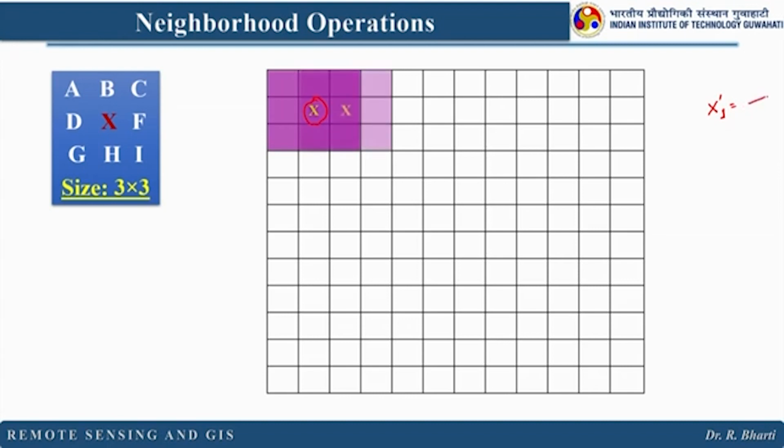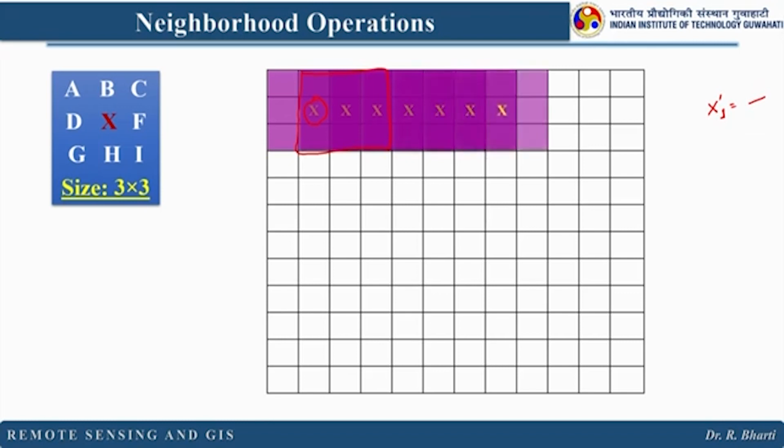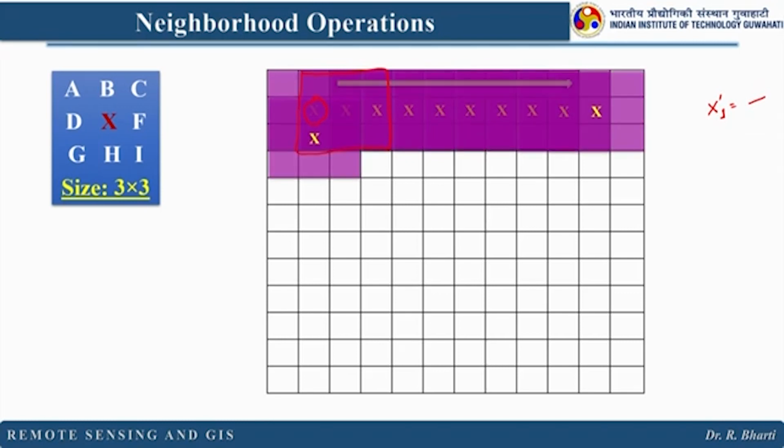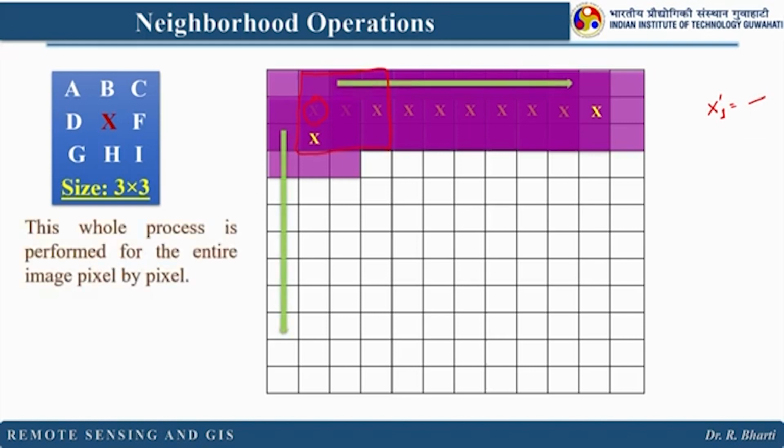Now you will move to the next pixel. Then again this is your new neighborhood, and again you will move further and calculate the new value. Likewise you will calculate for all other pixels. Is it clear? The whole process is performed for the entire image pixel by pixel.